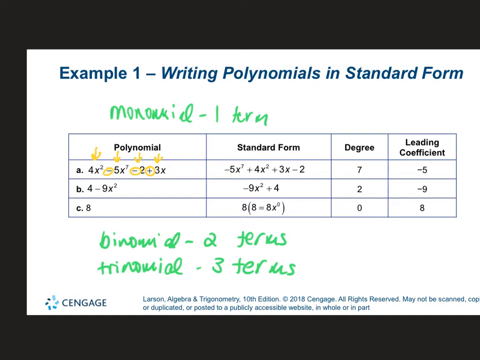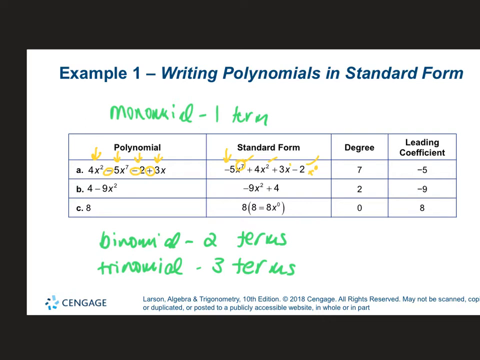So in this case, look, you have 7, then squared, then 1, and then 0. This is x to the 0, which would give you 1. The degree would be the biggest exponent that you see. So the biggest exponent that you see is 7. And the leading coefficient is the number that's in front of the letter that has the biggest exponent.